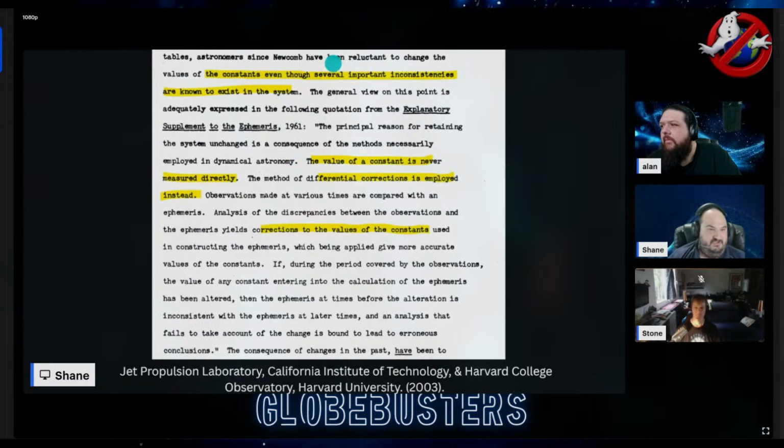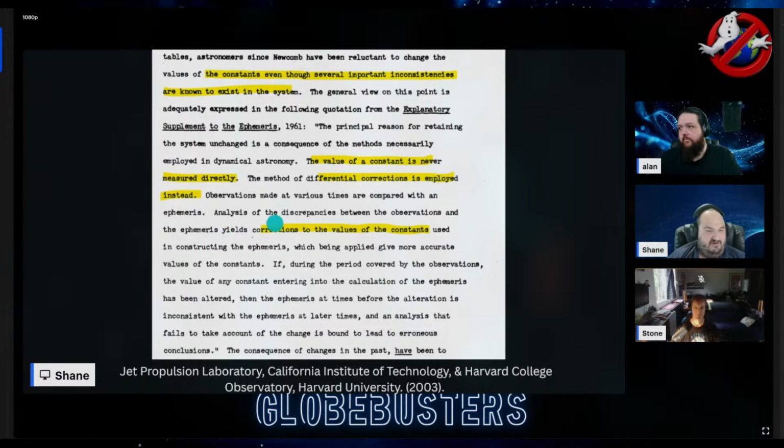He says they used to have Newcomb, which is a different table of constants they were using before they redefined everything. So, been reluctant to change the values of constants though several important inconsistencies are known to exist. And he says, actually, the value of a constant is never measured directly. It's only ever measured through a series of differential corrections, which we then employ.